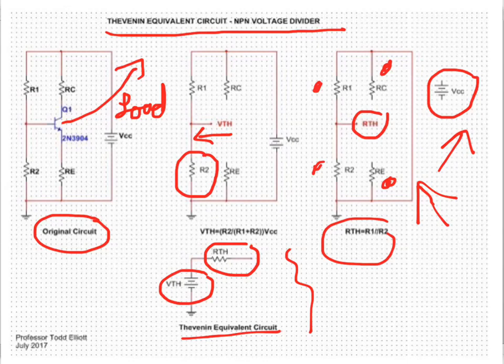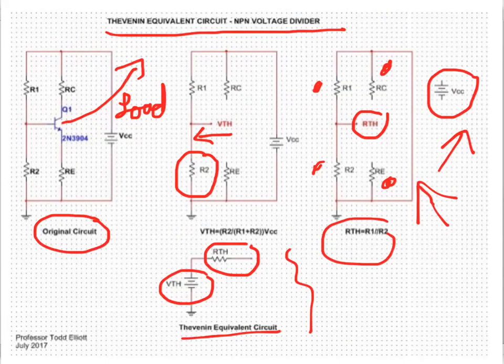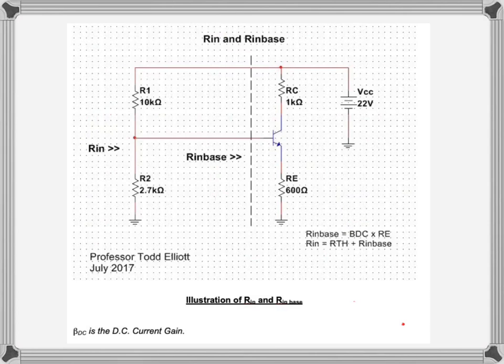So anyway, I'm going to go back. The missing bits that we need to calculate are Rin base and VBE. So let's take a look at that. Okay, so we have Rin and Rin base. Let's imagine moving emitter resistor RE over to the base side, and when we do that we need to multiply RE times the current gain, beta.